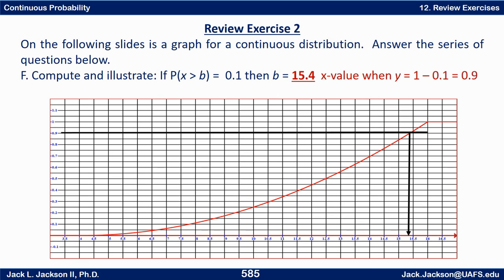And for inverse probabilities, you always look at the y being the probability to the left. So we graph a horizontal line at y equals that value, find where it crosses the curve, and then come down, and that corresponding x is what we're looking for in the inverse probability problem.